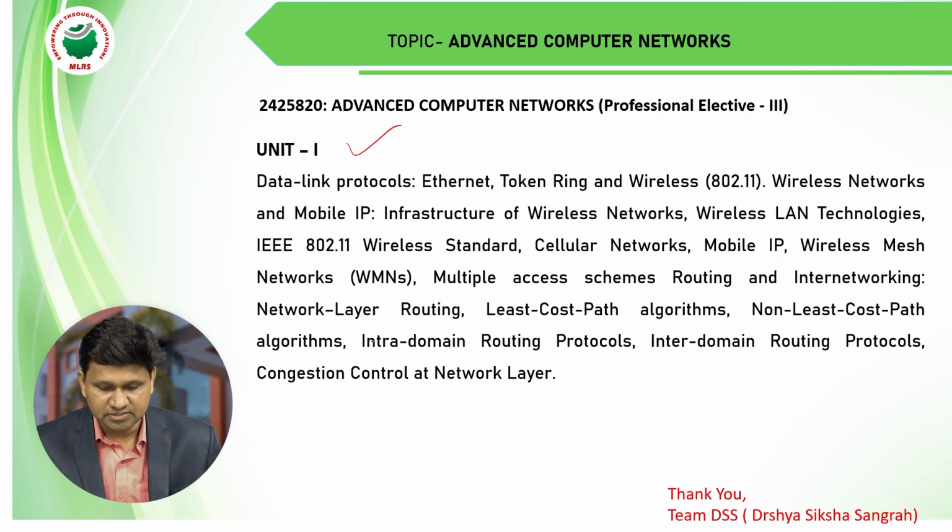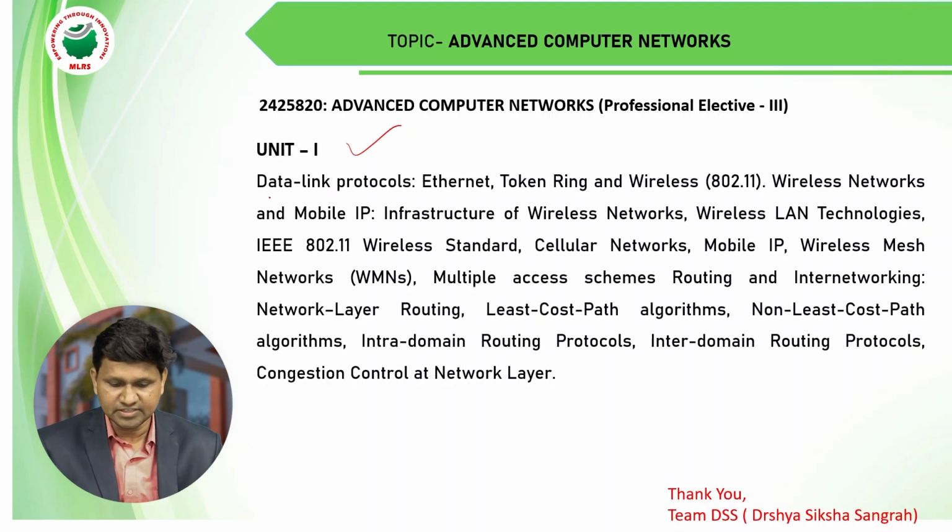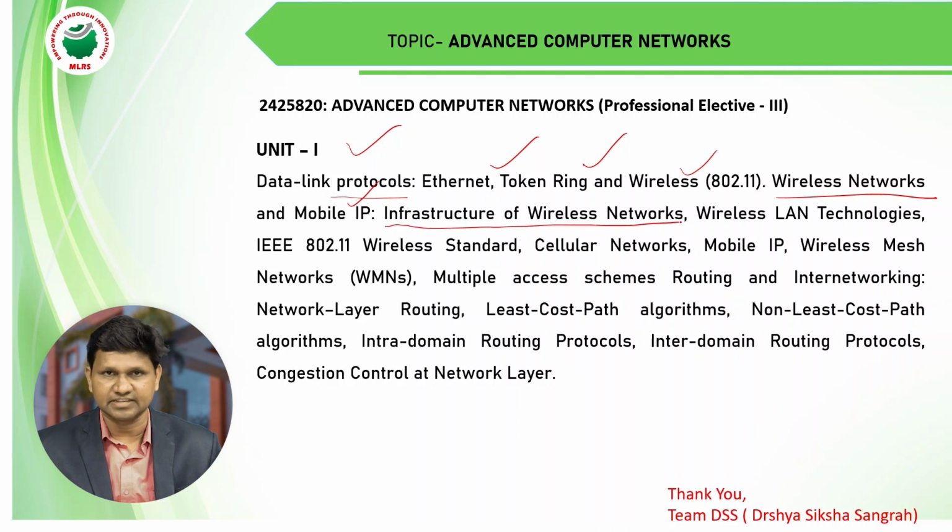So in this advanced computer networks course, this is the first unit. In this unit, I want to discuss data link protocols, Ethernet, token ring and wireless. So wireless networks and mobile IP, later the infrastructure of wireless networks.